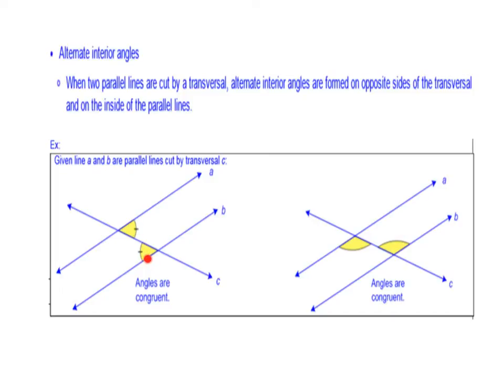They form alternate interior angles. They're interior because they're on the inside of the parallel lines. And these angles are formed on the opposite sides of the transversal. So if we remember what we just said about opposite angles, if they're on the opposite side of this transversal, they are congruent.